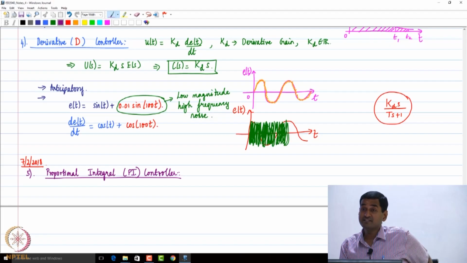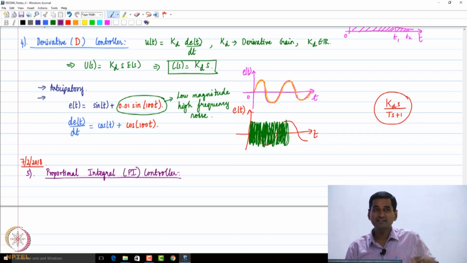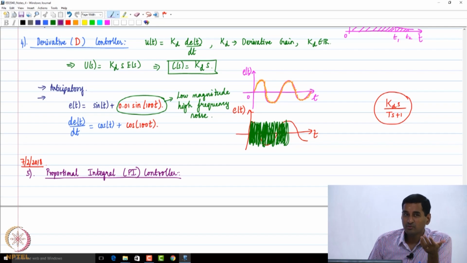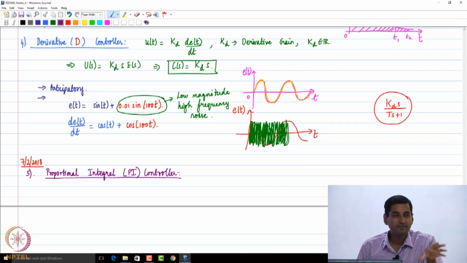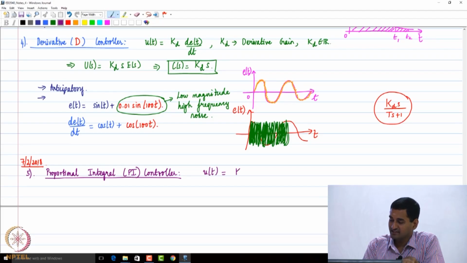But as we discussed, if I use the integral block alone, I'm going to introduce an open loop pole at the origin. We'll see later that if I introduce an open loop pole at the origin, there are going to be some difficulties in designing the closed loop system and making it stable. So one alternative is to use a PI controller, and we'll see how it helps in solving that issue. As the name indicates, a PI controller essentially has two components.